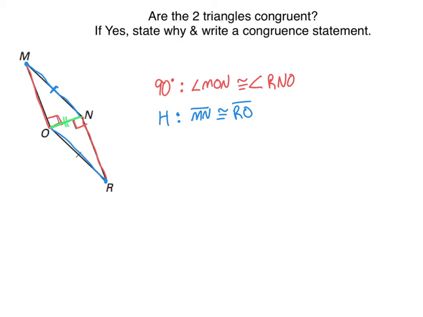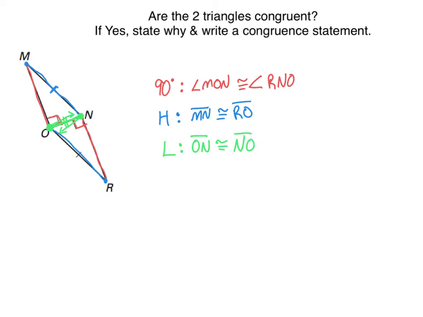So that segment is congruent. But here if I went from 90 degrees out, that's a leg, and I'd say ON. I went from 90 degrees out for that triangle. So then on the other side, I'd have to go from the 90-degree angle out that way, which would mean I would do NO as my other segment.